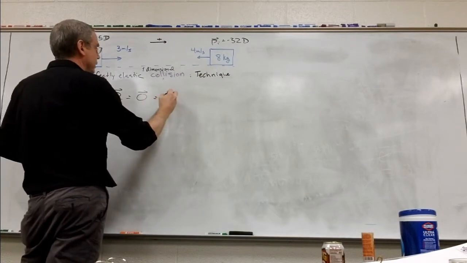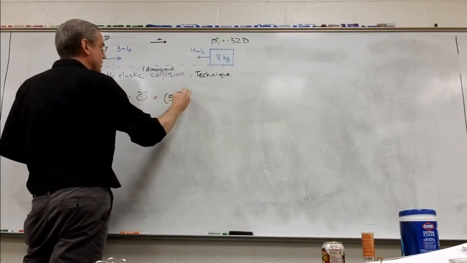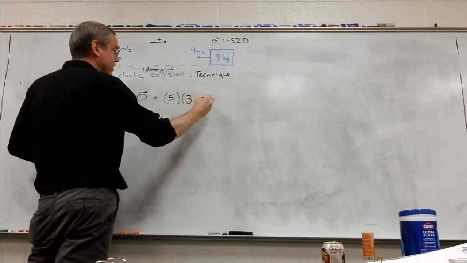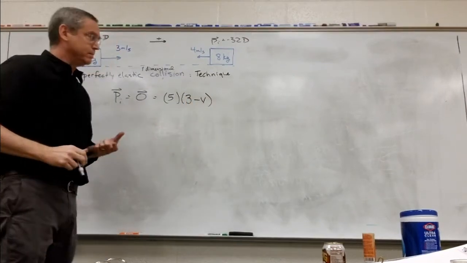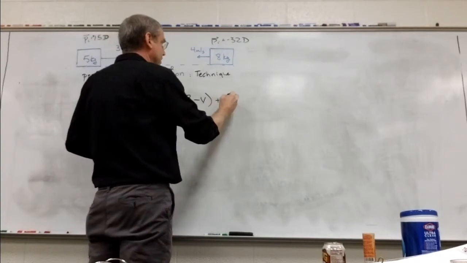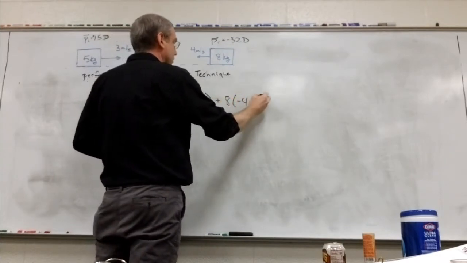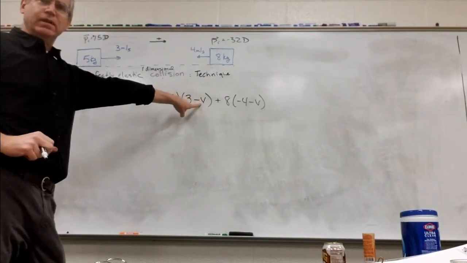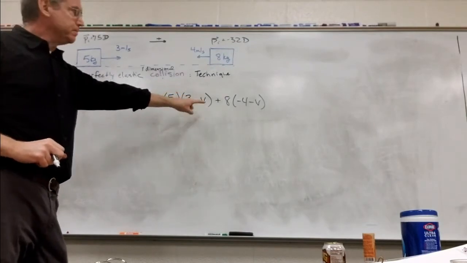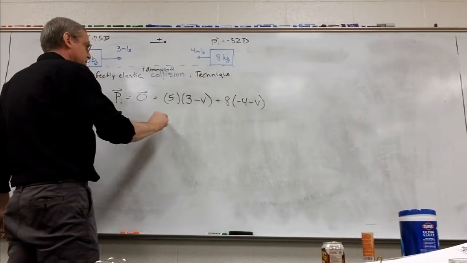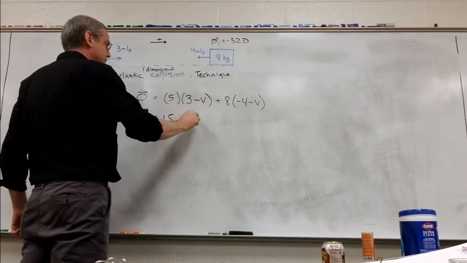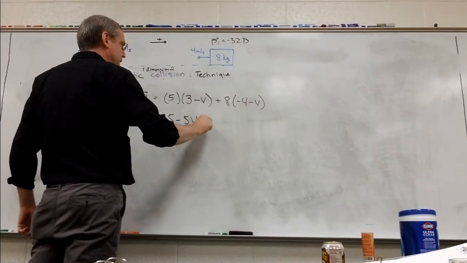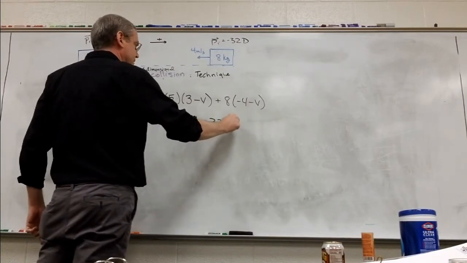And that's going to be 5 times its velocity minus the velocity of the observer, which I've just labeled as v, plus 8 times negative 4 minus v. This v right here is the velocity of the observer. So this becomes 15 minus 5v is equal to, not equal to, negative 32 minus 8v.